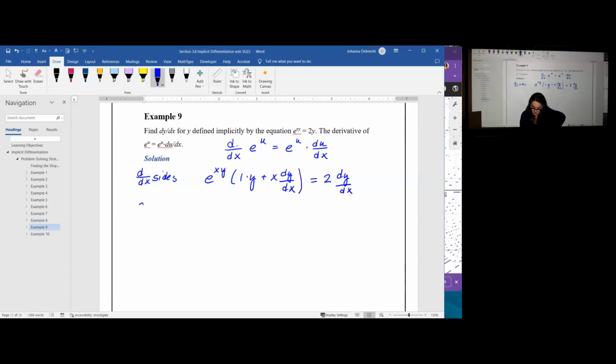Now I need to simplify so that I can get everything out in the open. This gives me y e to the xy plus x e to the xy dy/dx equal to 2 dy/dx. Next, we gather our dy/dx terms on one side of the equation.